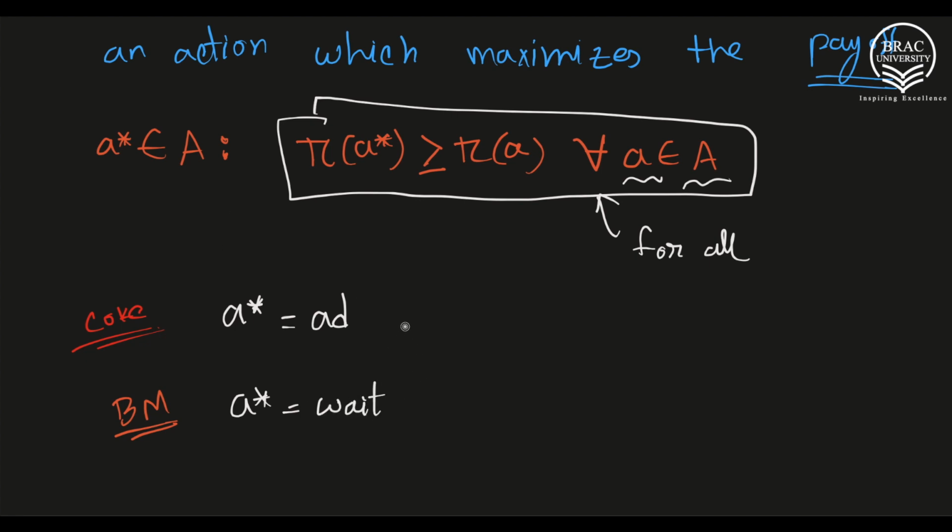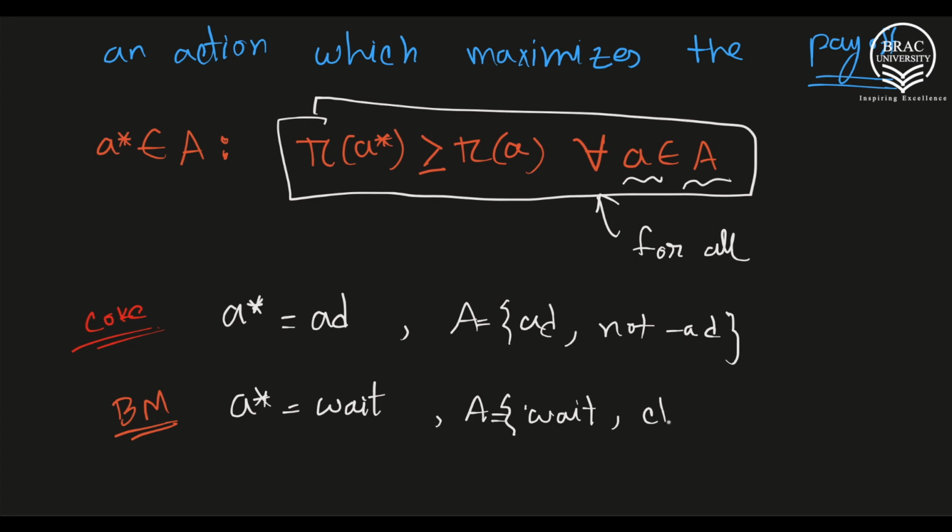In the first case, the set of all actions was to advertise or to not advertise. And in this case, it was wait or to climb.